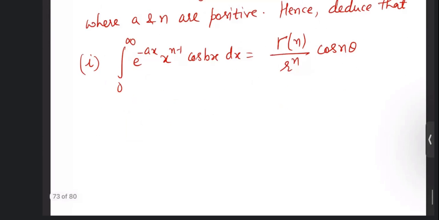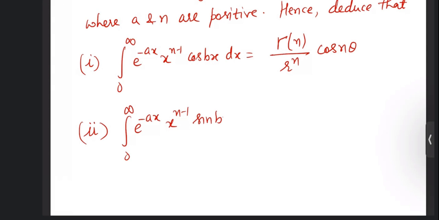and the second part to be deduced is integration 0 to infinity e raised to power minus ax x raised to the power n minus 1 sine bx dx is equal to gamma of n divided by r raised to the power n into sine of n theta.